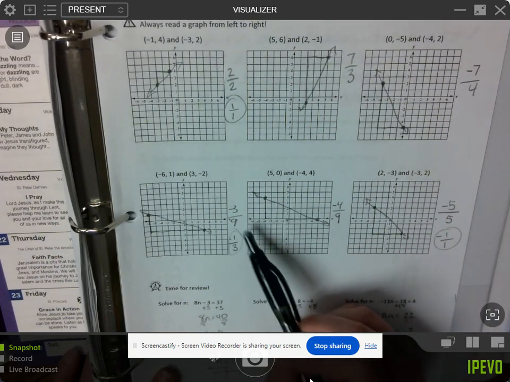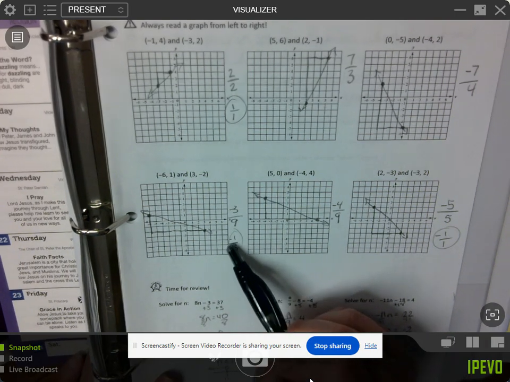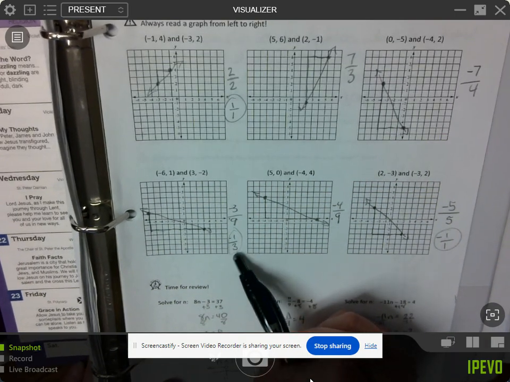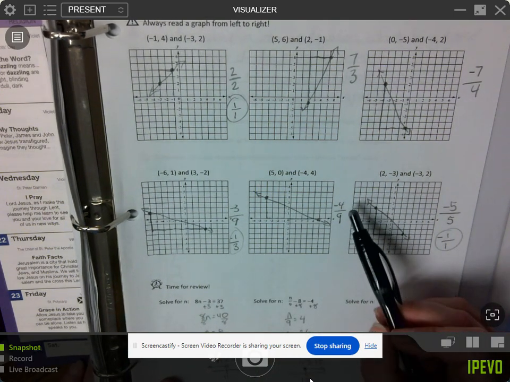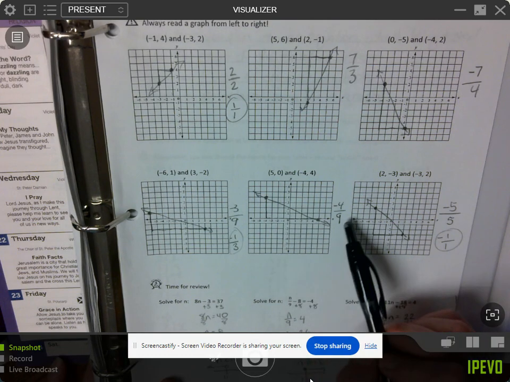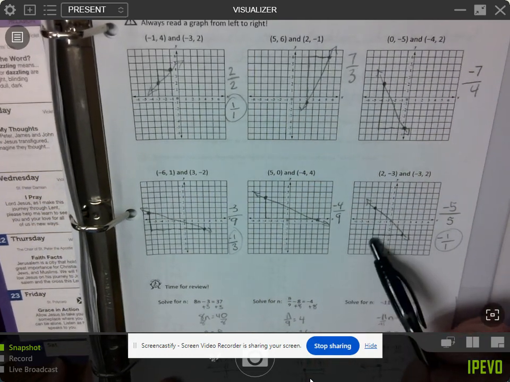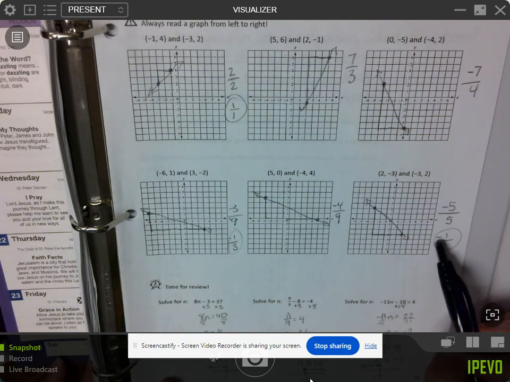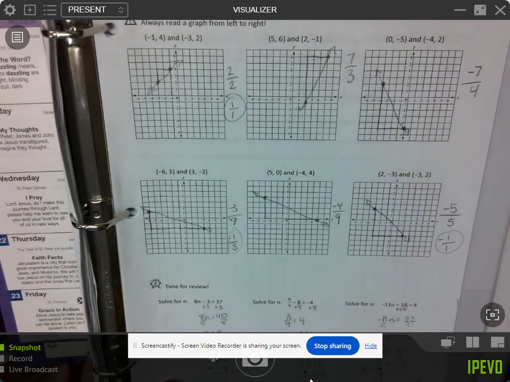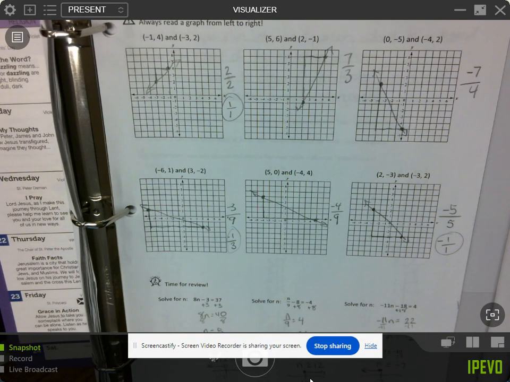On the bottom, we went down 3 over 9, so we had to simplify to -1 over 3. Our middle one was -4. We went down 4 over 9, so -4 over 9. Then we went down 5 over 5, so it's -1 over 1. Any questions on those? Jimena?